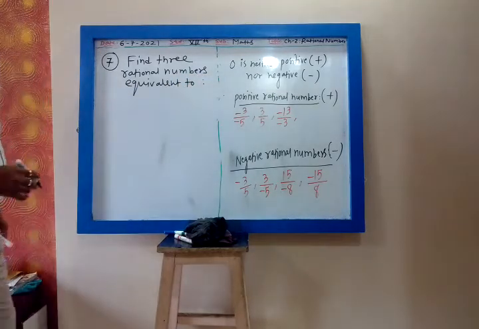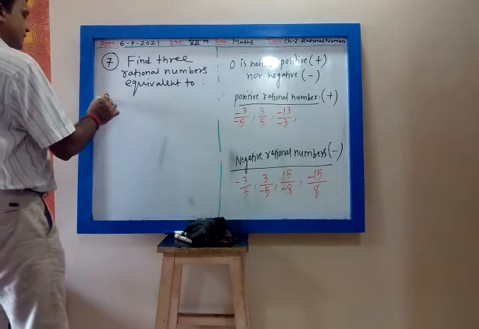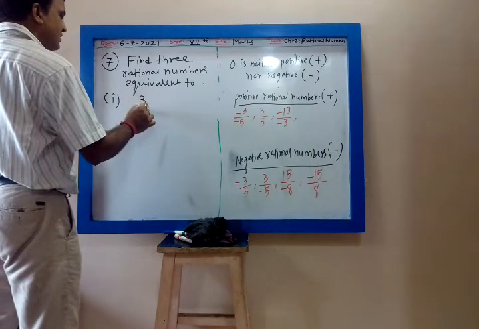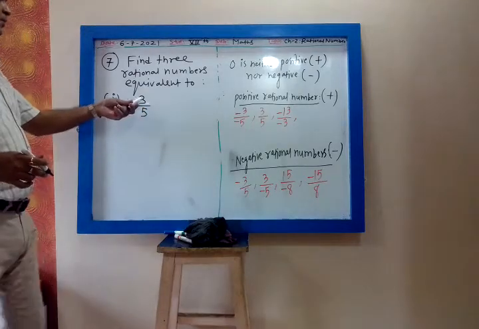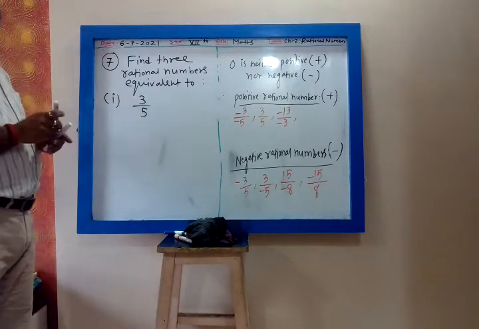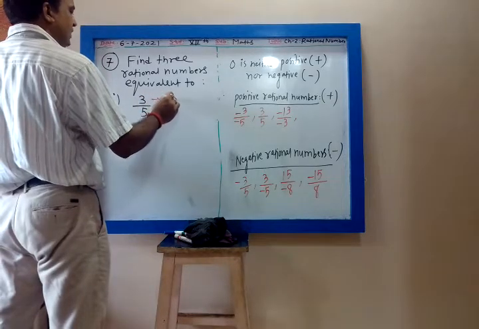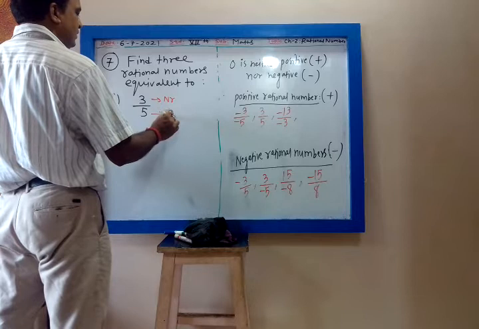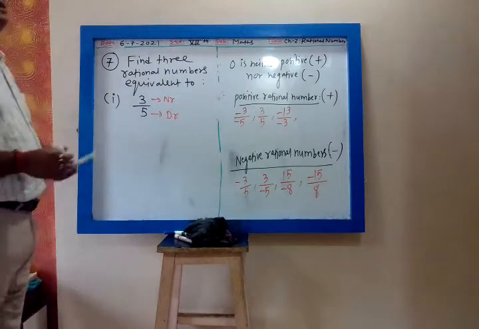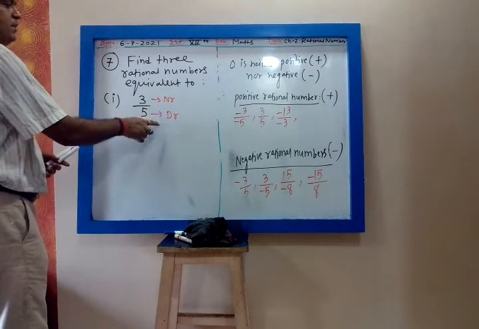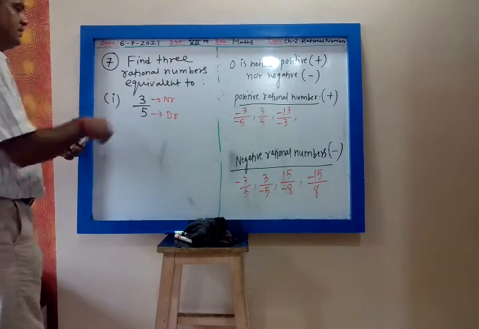First it is 3 upon 5. 3 upon 5 is a rational number, because you can see the numerator and the denominator. To get three rational numbers equivalent to it, I have to multiply the numerator and denominator by three different numbers.